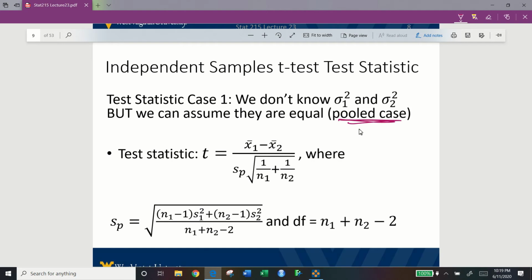As we are dealing with a t statistic, we follow the t-distribution, and in this case, it will have degrees of freedom n1 plus n2 minus 2.